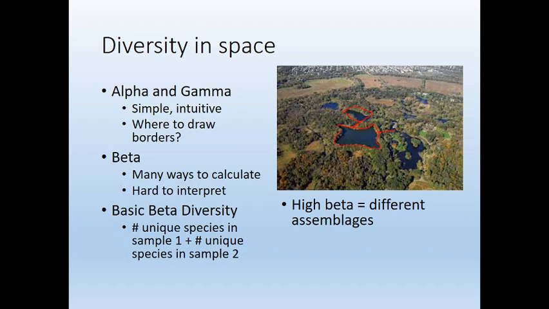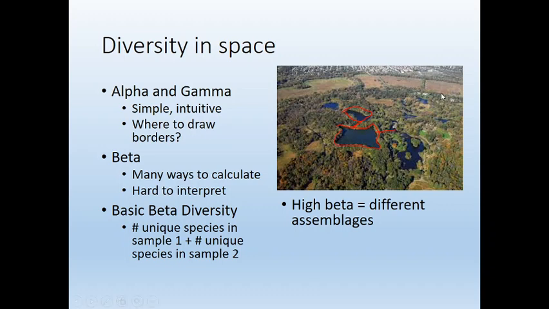The thing is that beta diversity, there's lots of ways to calculate it, and it's kind of hard to interpret at times. Really, for you, what you should know is that if you have high beta diversity, and high is a relative term here, you know that those habitats have very different assemblages.